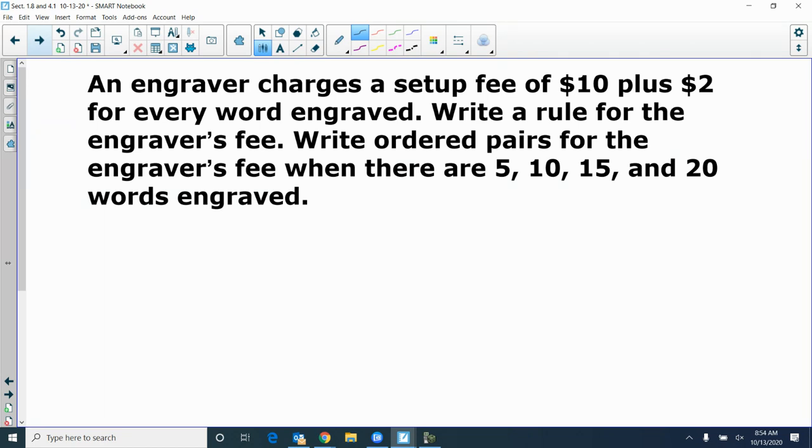An engraver charges a setup fee of $10 plus $2 for every word engraved. Write a rule for the engraver's fee. Write ordered pairs for the engraver's fee when there are 5, 10, 15, and 20 words engraved. What do you think a rule could be for his fee?